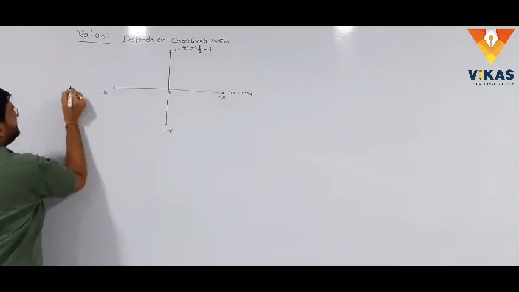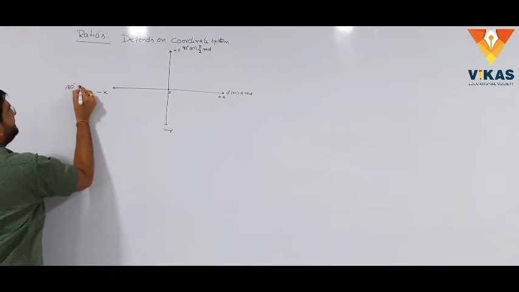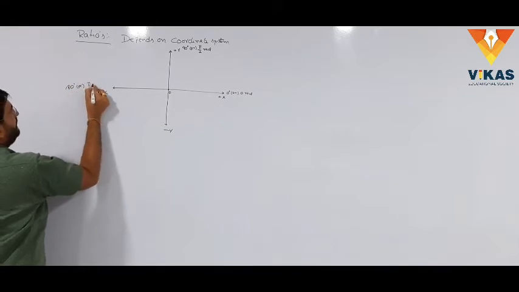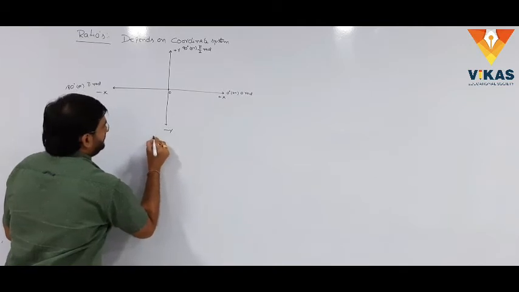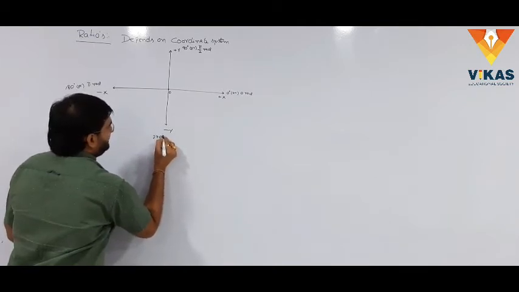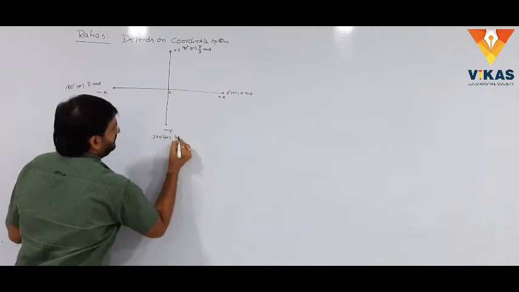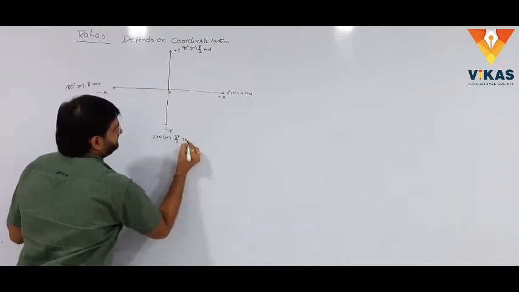Here this is 180 degrees or pi radian. Here 270 degrees or 3 pi by 2 radian.